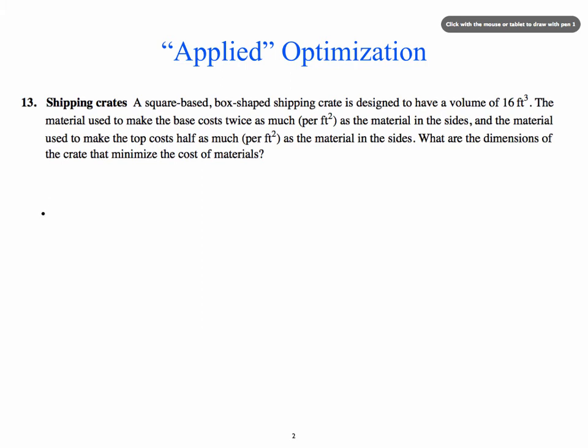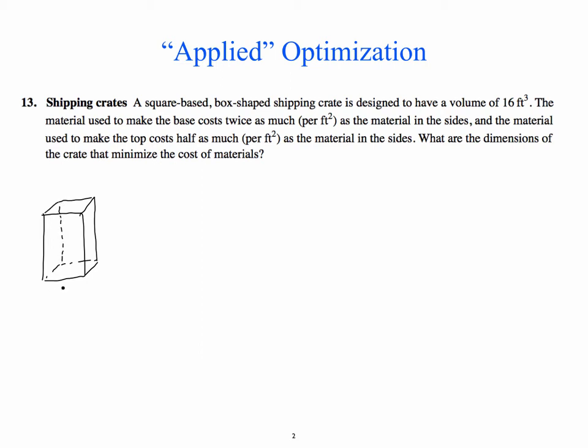So I've got a square-based box-shaped shipping crate, so something like this, right? And the thing that we know about this box is that the base is a square. So that means that I could label the sides of the base with the same label, right?